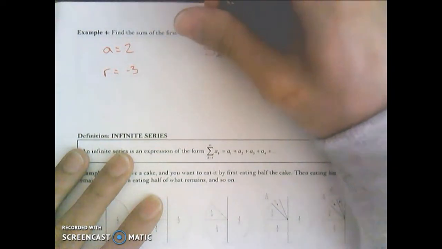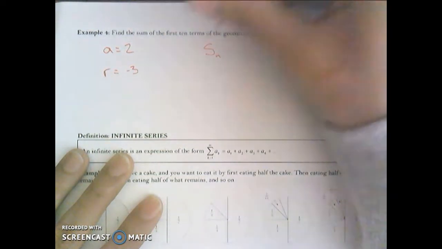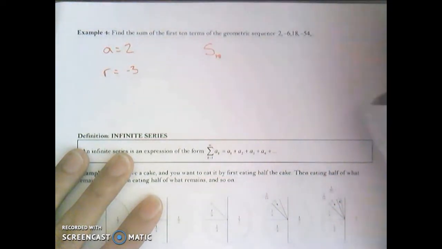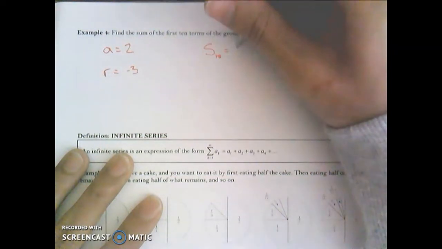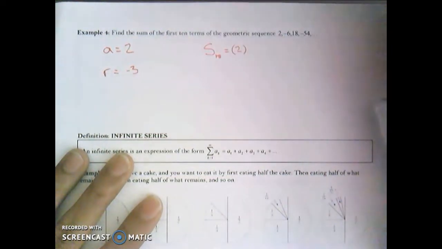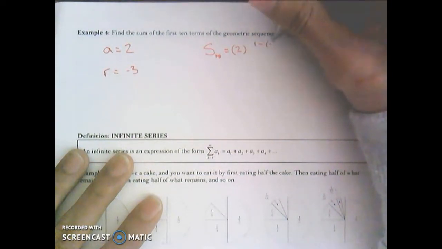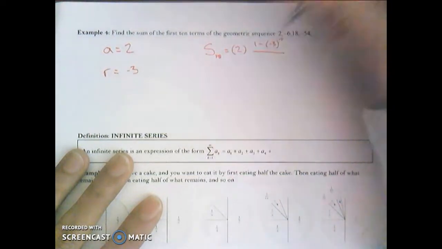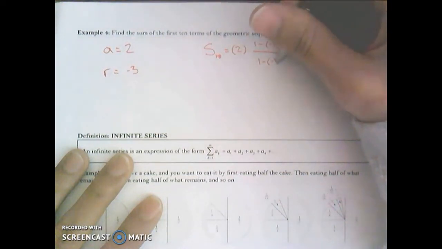So plugging it in, we have S_10, we want the 10th partial sum, is going to be a, which is 2, times 1 minus r, which is negative 3, to the n, which is 10, over 1 minus r, which is negative 3.